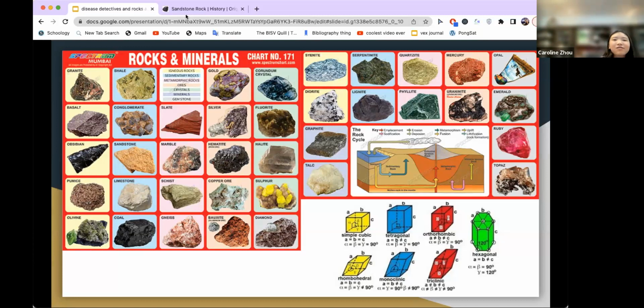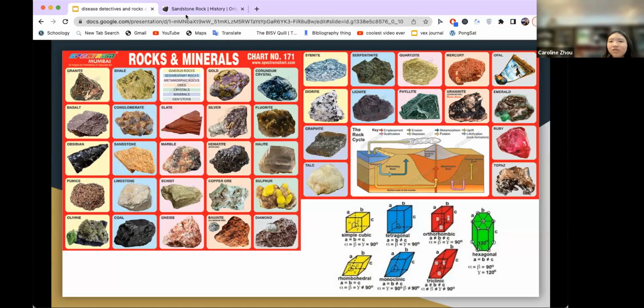Olivine, from the name you can tell it's olive colored, or sort of. Coal, it's flammable. Gneiss, it's pinkish. Bauxite, it sort of looks like pumice, but more red, and I don't think it floats. It's a lot more dense.